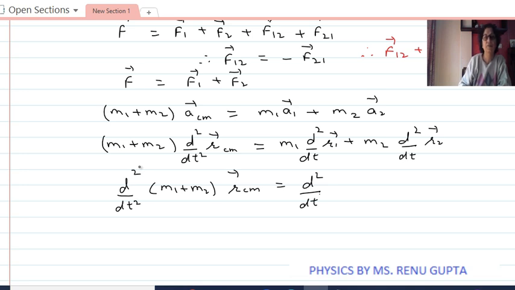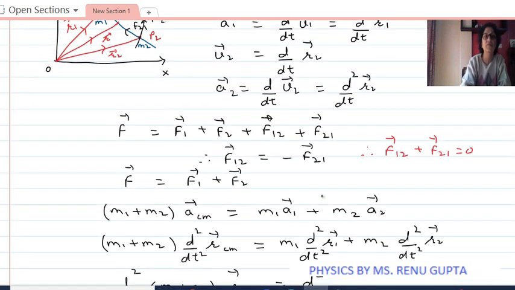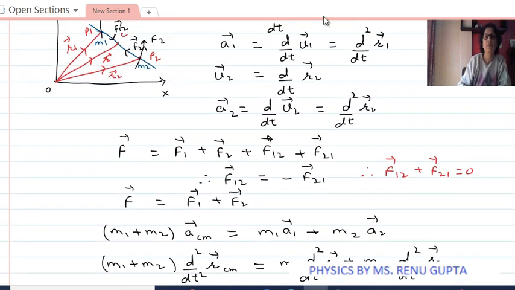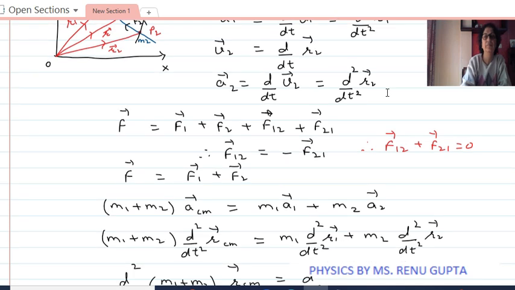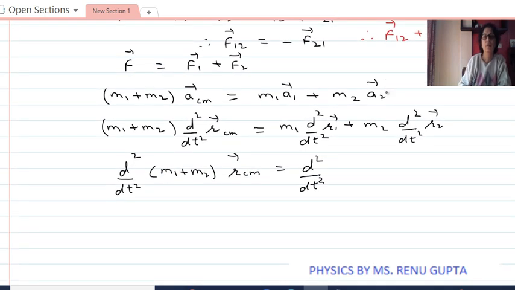Here it will be a square because it is second differentiation, so in the above equation also it should be dt square.